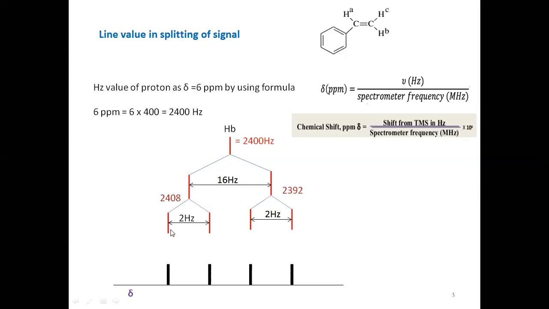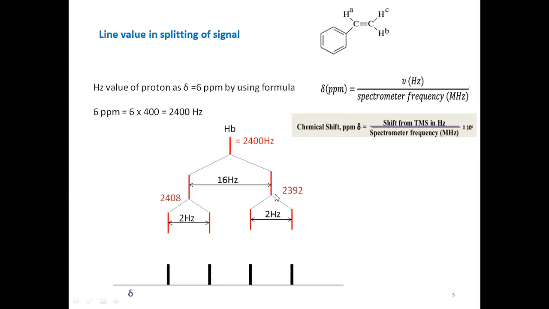So the value for left is 2409. And what is its partner line? This line is 2407. So 2407 and this is 2409. The difference between them must be 2 hertz, correct?